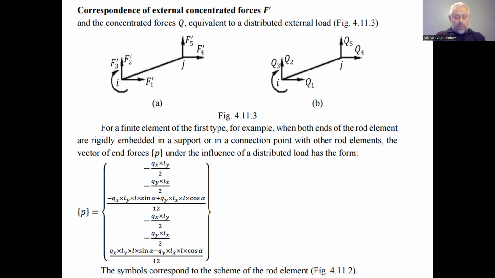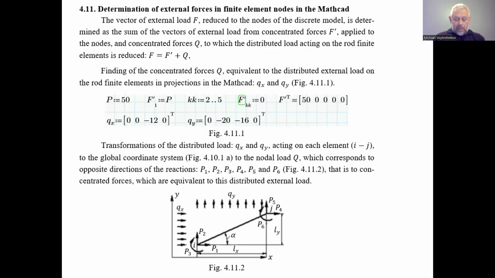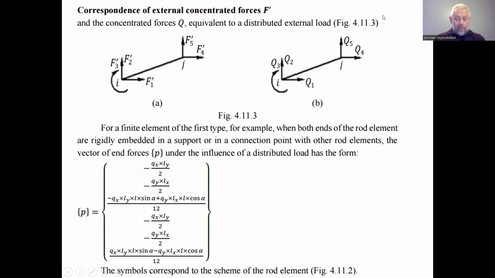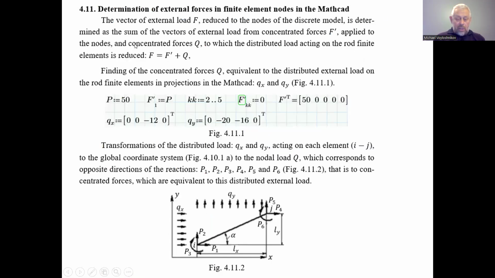In a more general approach, we have 6 components: 1, 2, 3, 4, 5, 6. Not as for our mechanical system, where we have only 5 components, but in the general approach, for any arbitrary finite element of the mechanical system, we consider 6 components.